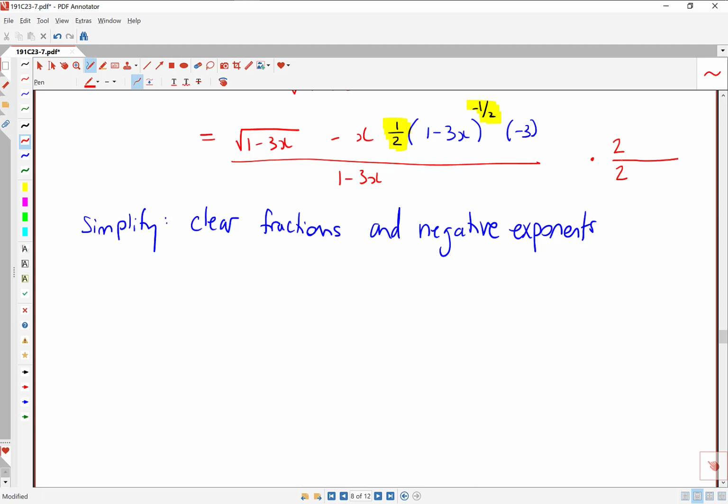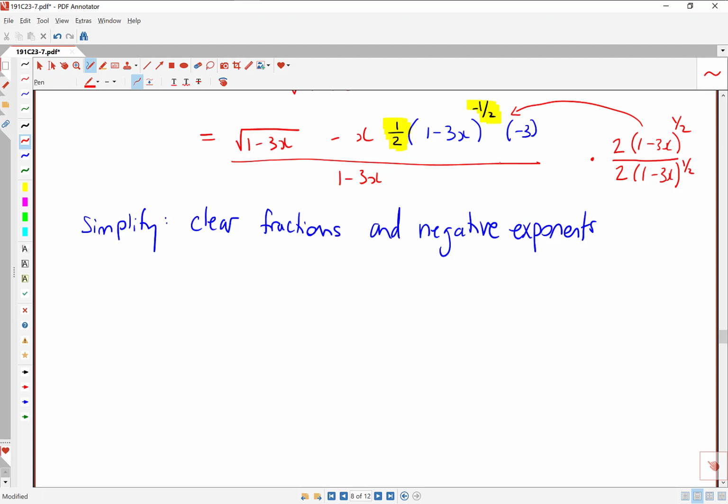And then the way you could clear the negative exponents, you can multiply by 1 minus 3x to the power positive 1/2, and whatever we do to the top, we're going to do to the bottom as well. What that's going to do is multiply with this guy and just get rid of that negative exponent.